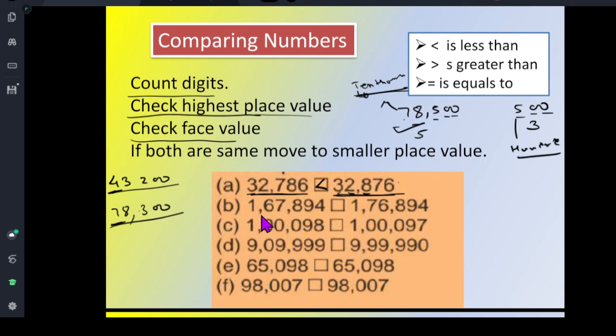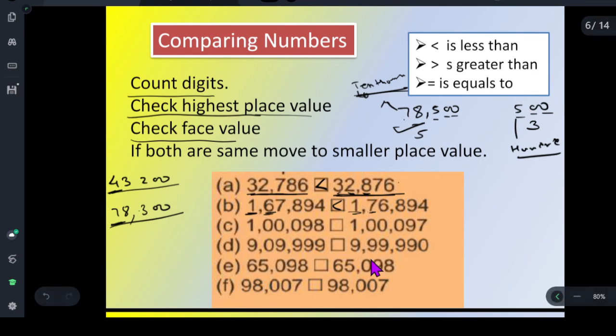Okay, now we will see the second example. 1,67,894 and 1,76,894. You will see the number of digits are the same, both have 6 digits. The highest place value is also the same, but after that the next place values have 6 and 7. 7 is greater, so how will you write this?